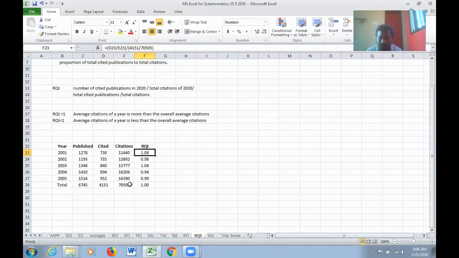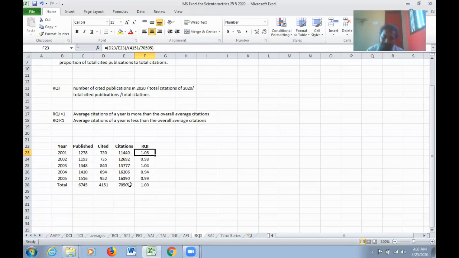Fine. That means we don't take into account all the papers published in a year or in a country. We take only those papers which receive citations. In the previous cases, we have taken total papers, total citations, total output of a country. But here, in the relative quality index, we take into account only the papers which were cited.